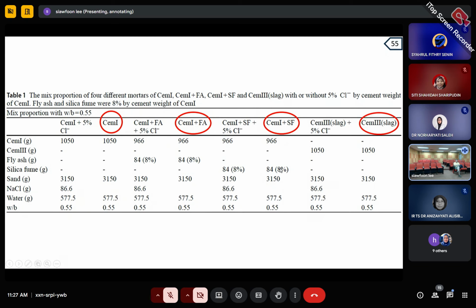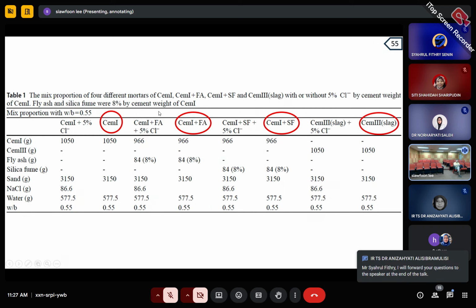And this one is 8% for the silica fume, and fly ash I also add in 8%. But this one, because it's a commercial product, they have the copyright, and they found that when they mix it with this, it is better than the cement one. But of course, I don't know how many percent they use in this cement 3 slag. Okay, so I just take it, and I put in the same amount as the cement one.